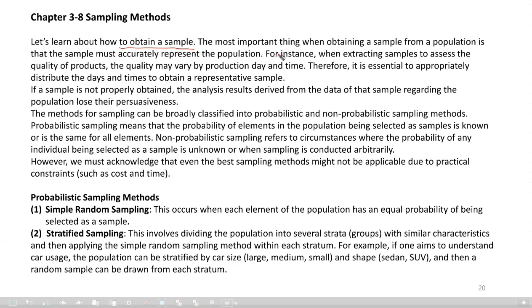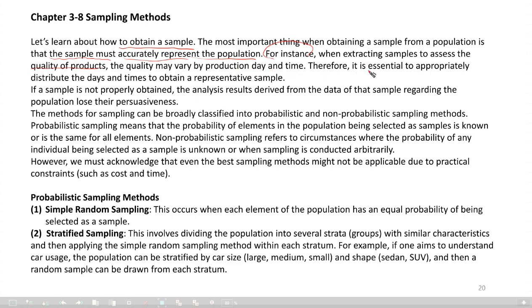Okay, the most important thing is that the sample most accurately represents the population, right? For instance, when extracting samples to assess the quality of a product, quality control, quality may vary by production day and time.